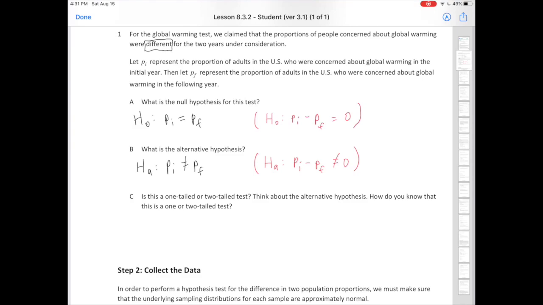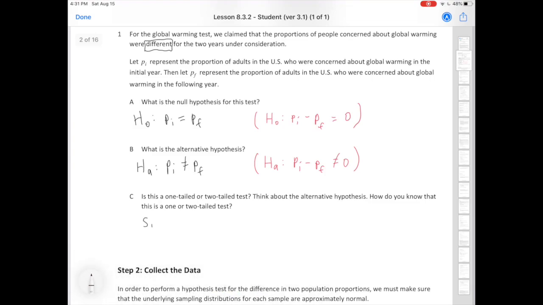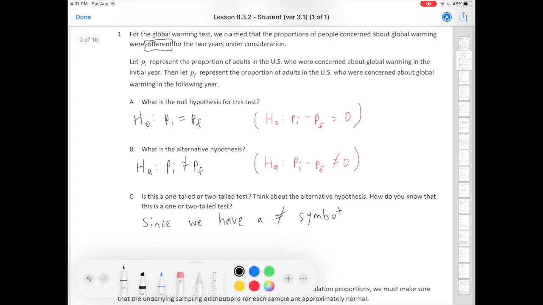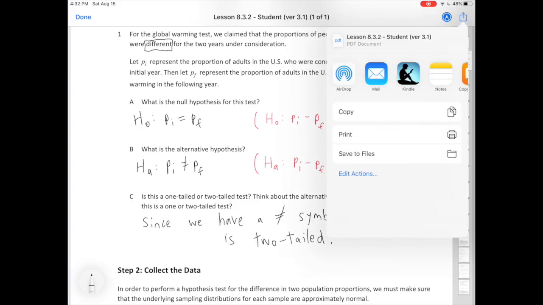Okay, so I'll just say since we have a not equal to symbol, the test is two-tailed. Okay. All right, let's keep going here.